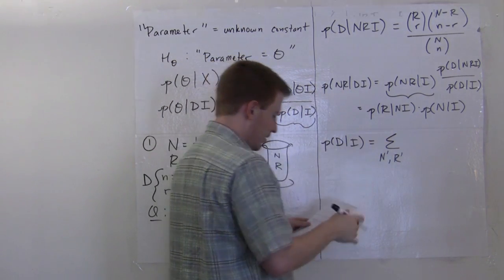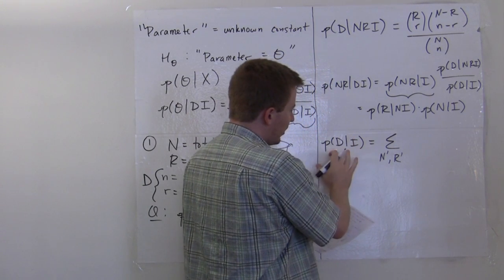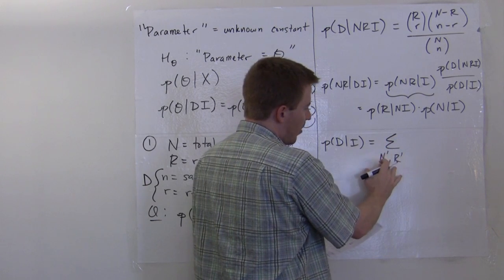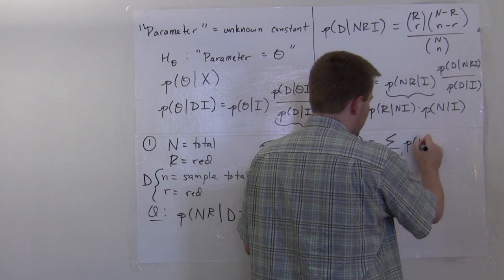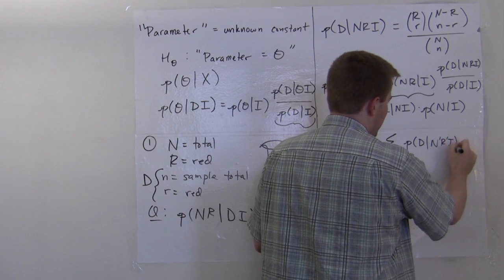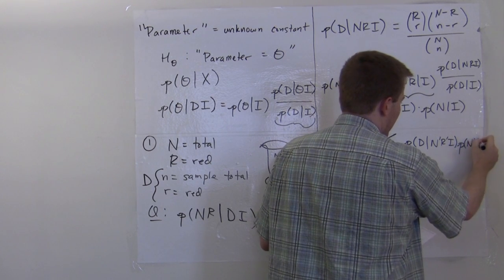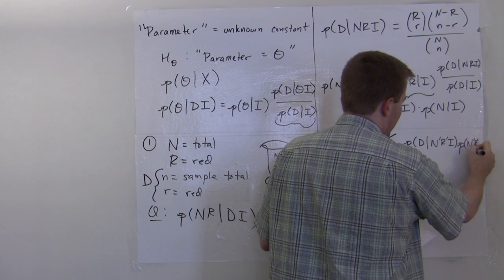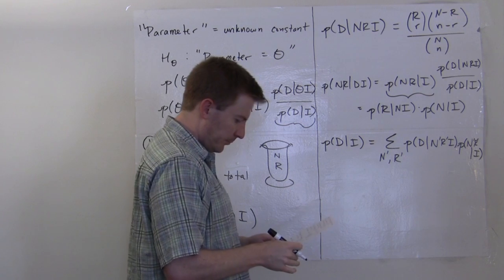Jaynes doesn't do this, but I think it makes it a little more clear. So the probability of the data we can write as the sum over all possible parameter values of the probability of the data conditional on those parameter values times the probabilities of those parameter values conditional on background information. Okay, so far so good.